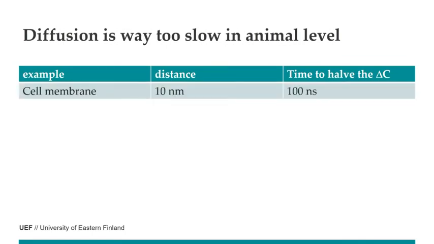In a cell membrane that is maybe 10 nanometers, the time to halve the concentration difference would take maybe 100 nanoseconds. But even in a small cell that is 10 micrometers, it takes 100 milliseconds. And for cell life, that's quite a long time.